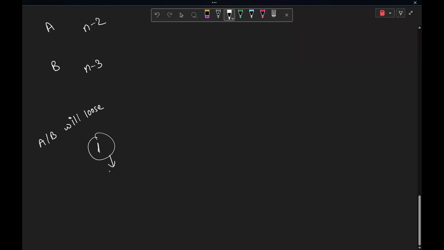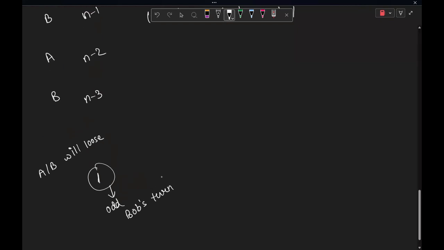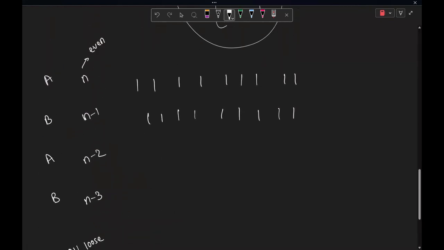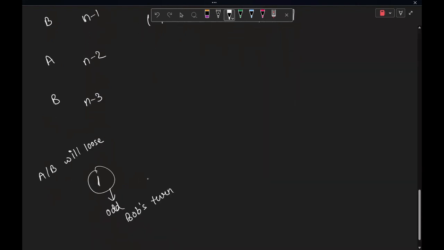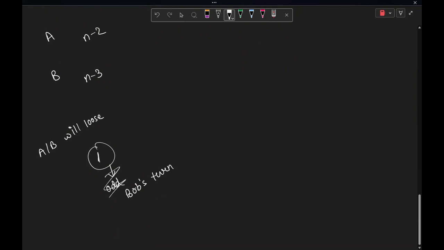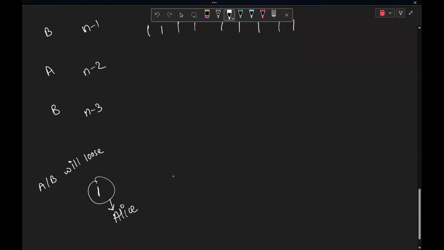So, since 1 is odd, it would be Bob's turn, right? Similarly, if n was initially odd, then Bob's turn would be coming up when the length of the string is even, and for the length of the string being 1, it would have been Alice's turn, so Alice would have been losing.